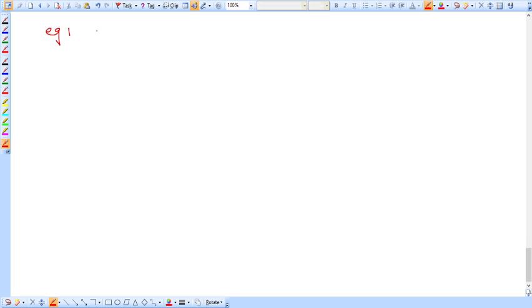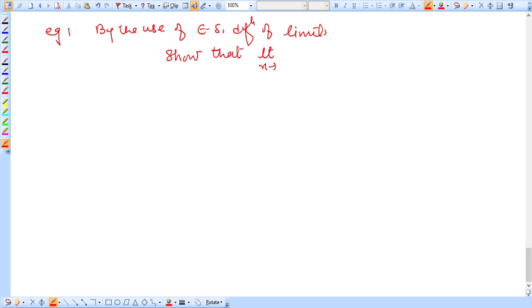Example 1: by the use of the epsilon delta definition of limit, show that the limit as x tends to 2 of 4x minus 5 is equal to 3, right? So we are going to show this by the use of the epsilon delta definition of limit.